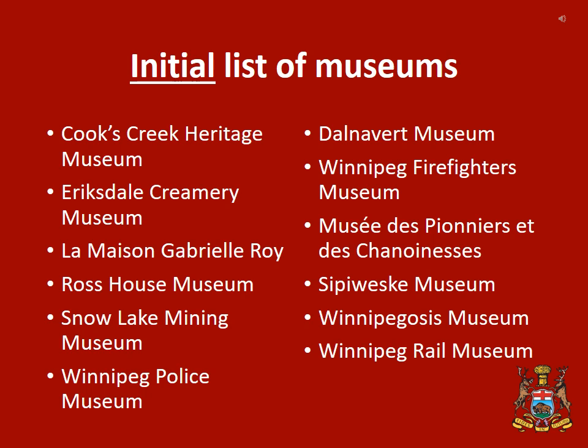So you see here the list of museums we began the project with, 12 of them altogether. Some of them are around Winnipeg on a variety of themes, and some of them are outside of Winnipeg. That was the original idea. But as we began to think about it more deeply, we realized that the museums in Winnipeg have a particular advantage, that they have a large population surrounding them, so it's probably a lot easier for them to attract visitors.